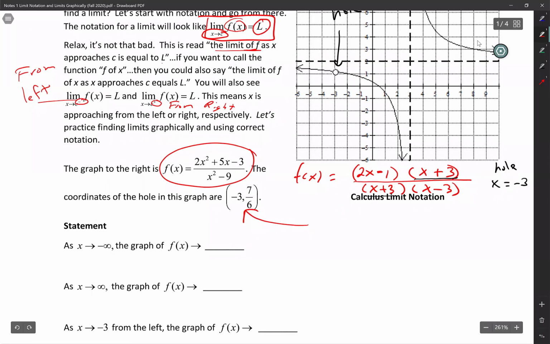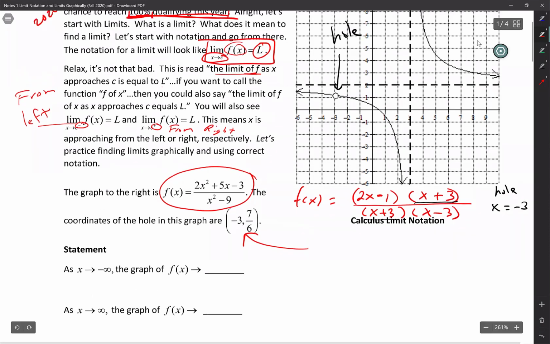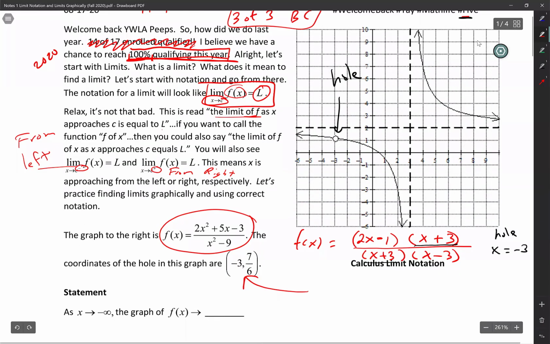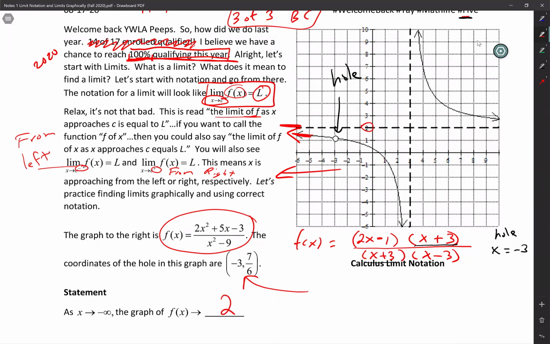All right. As x approaches negative infinity, the graph of f of x, let's see what happens. As x approaches negative infinity, that means as I approach negative numbers, this graph is approaching this horizontal asymptote. That y value is 2. And just type a 2, and there it is.